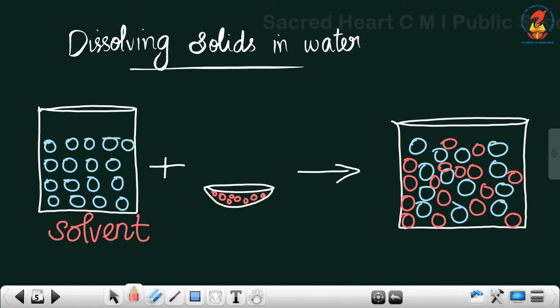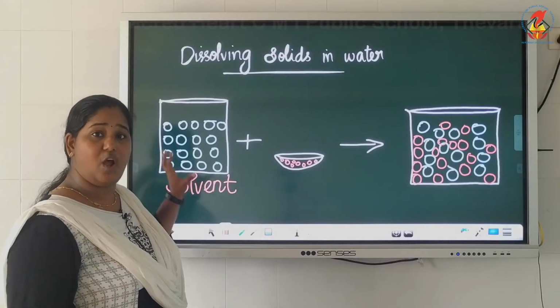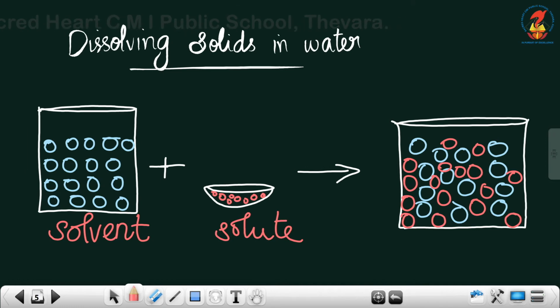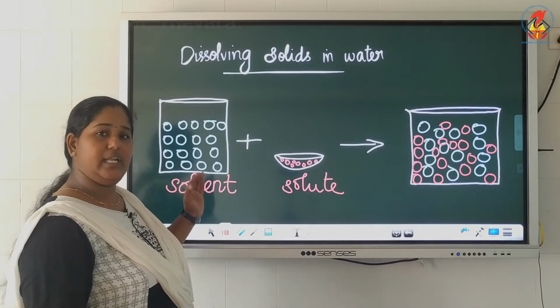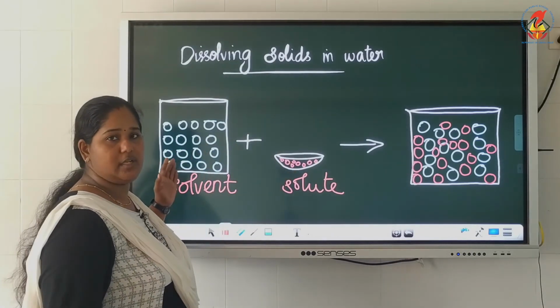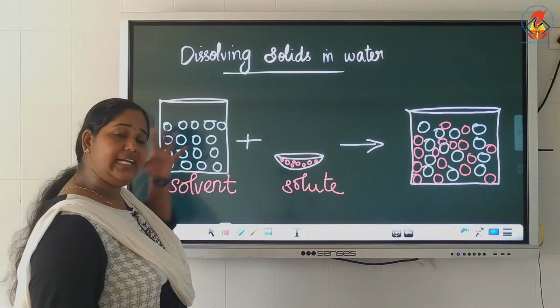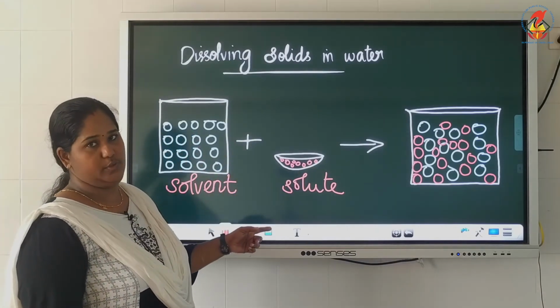The solid that you have dissolved in the liquid, that you have added to the liquid or the solvent, is termed as solute. Okay, don't get confused. The liquid in which you dissolved a solid is called solvent, and the solid which you added to the liquid is called solute.